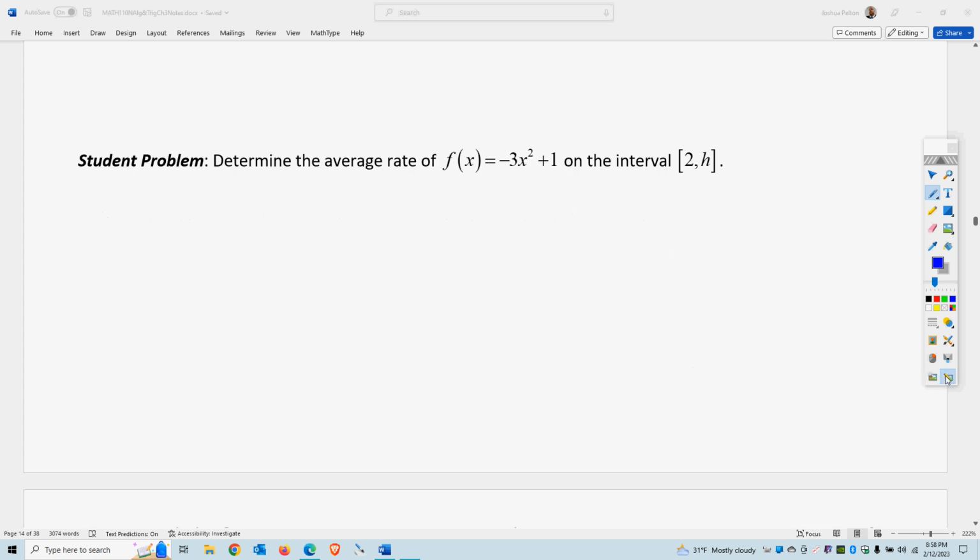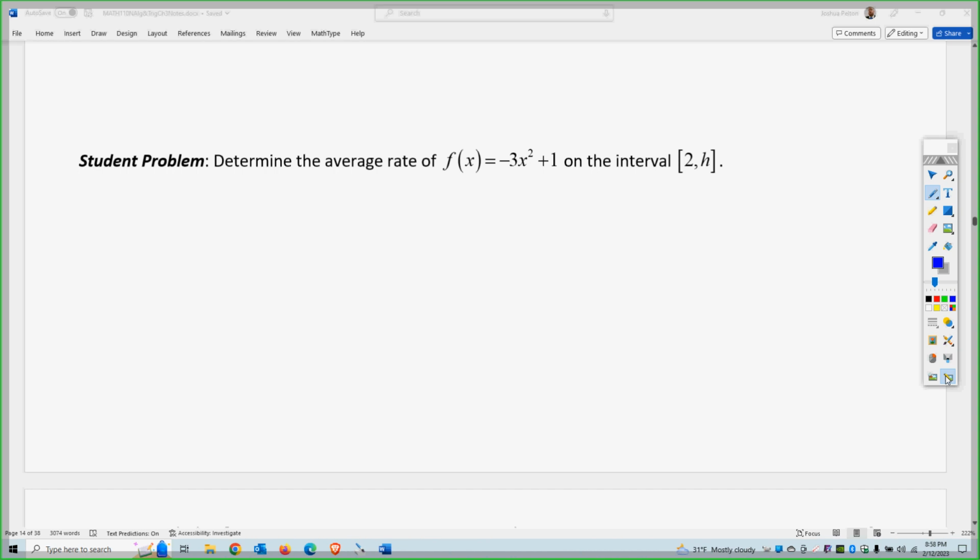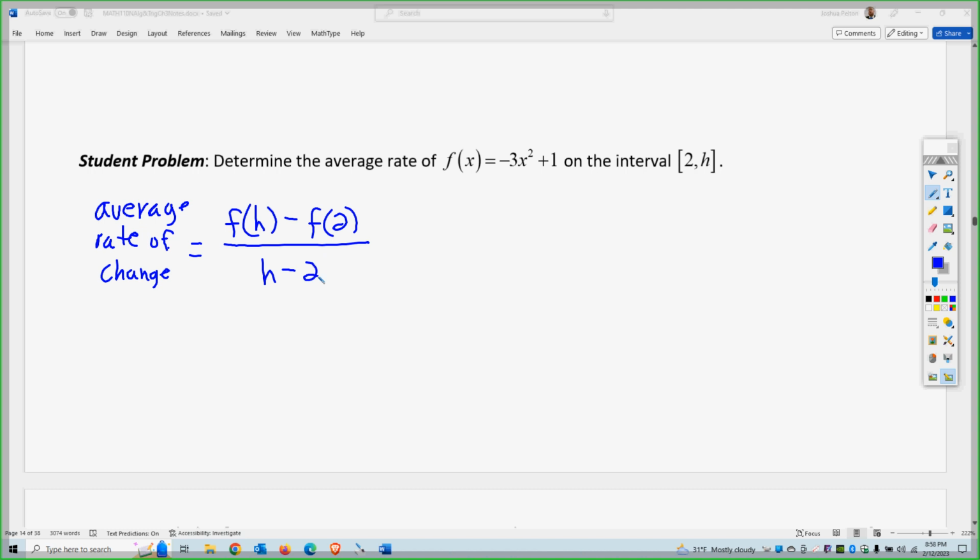All right, student problem. We want to go from 2 to h, so starting at 2 and out to h, wherever that happens to be. So the average rate of change. Okay, so we have f of h minus f of 2 over h minus 2.